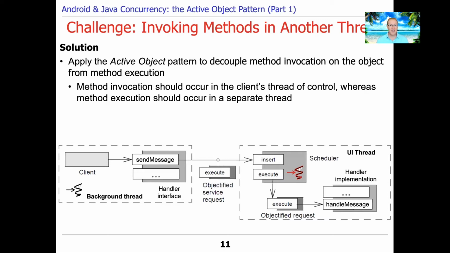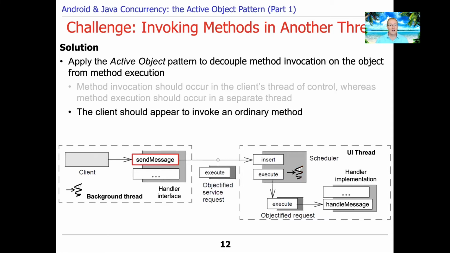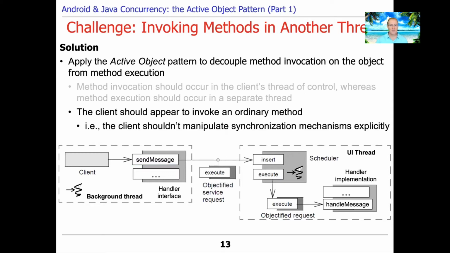It could be the same process, just in a different thread of control. From the client's point of view, however, it thinks it's just invoking an ordinary method. It just thinks it's saying, hey, send this message or these parameters from my thread context to a different thread context where they're executed.